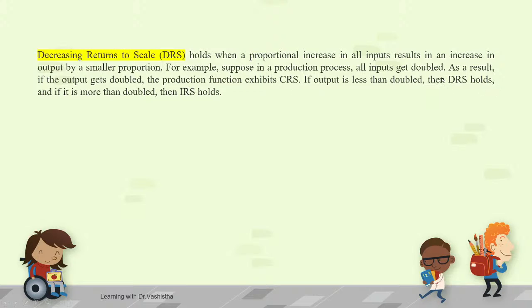Like we have doubled the inputs, but the output has not increased in the same proportion. In fact, it has increased, but by a proportionally lesser amount. So if it is lesser than the doubled value, then decreasing returns to scale holds. But if it is more than doubled, then IRS, or increasing returns to scale, holds. So this is how all the concepts go.